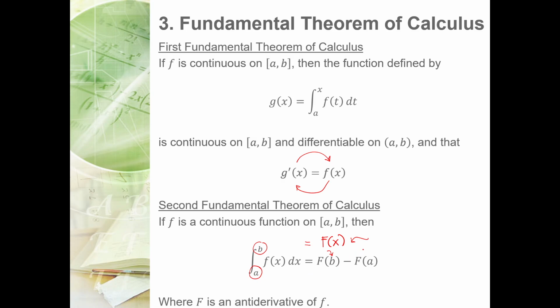So that's why we have F of b minus F of a. So you need to substitute the value of b in the answer, then minus the value of a in the answer again. So I think that's really simple.